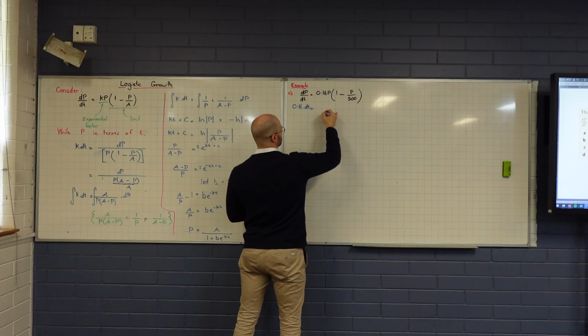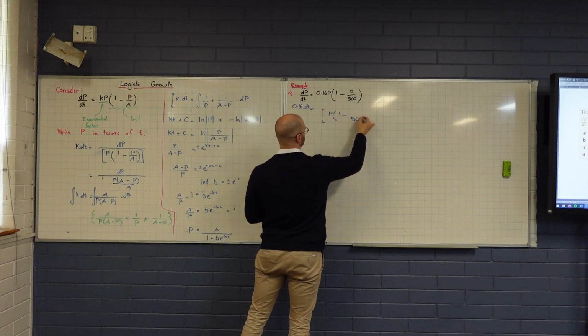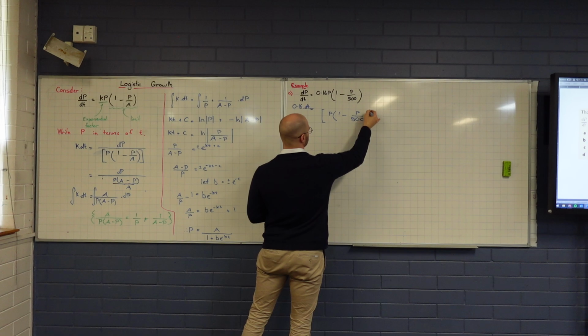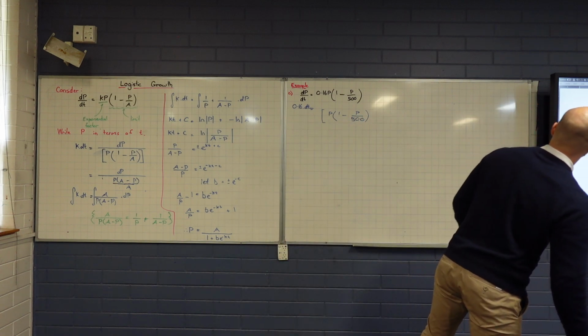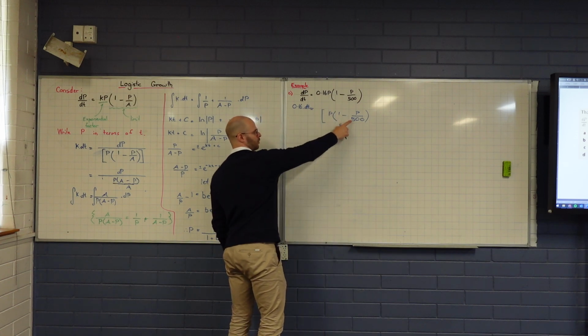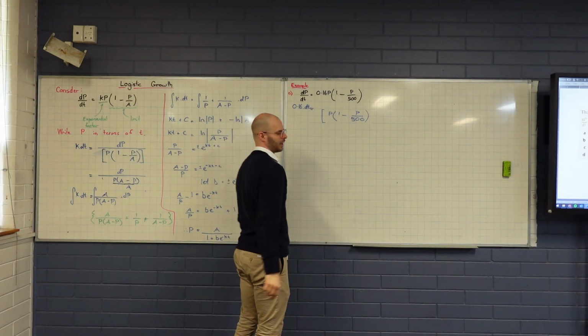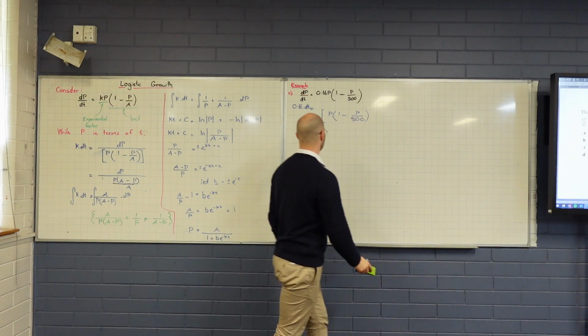how can we write this? P (1 take P over 500). Did I write that right? Yeah, okay. All right, now, modification to this. We have two terms inside. What should we do to the first term to make it look like the second term?